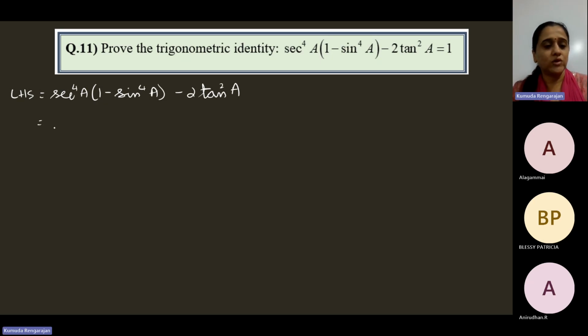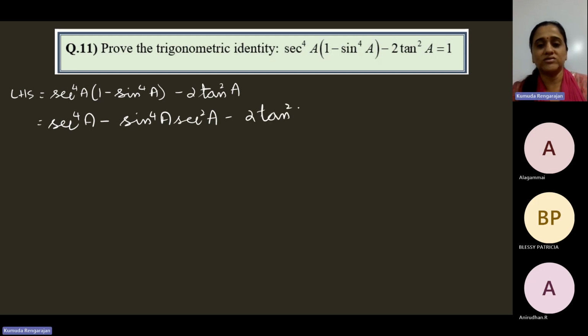And then if needed, we'll change it to sin and cos. So when you open the bracket, this one, right? Minus. So this is what it looks like when we open the bracket, correct? Multiply. Okay. Now this secant, what's the rest? Powerful.